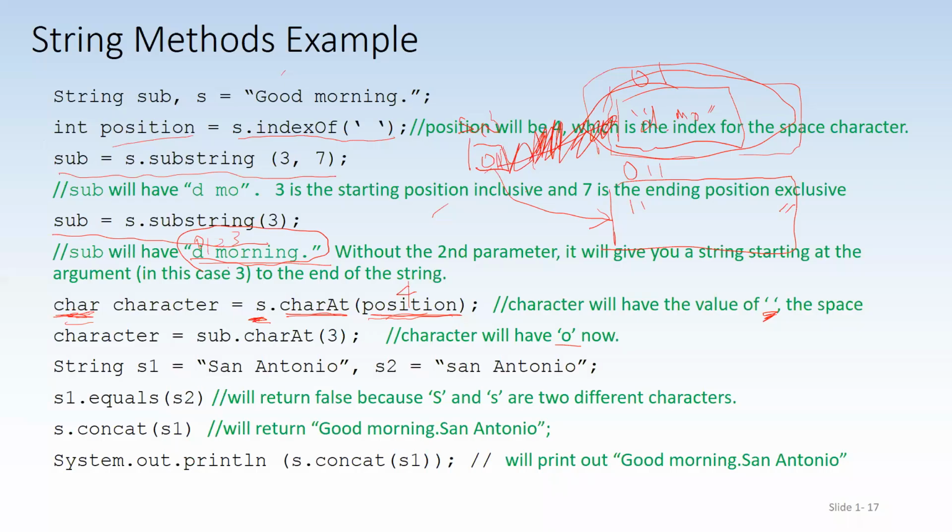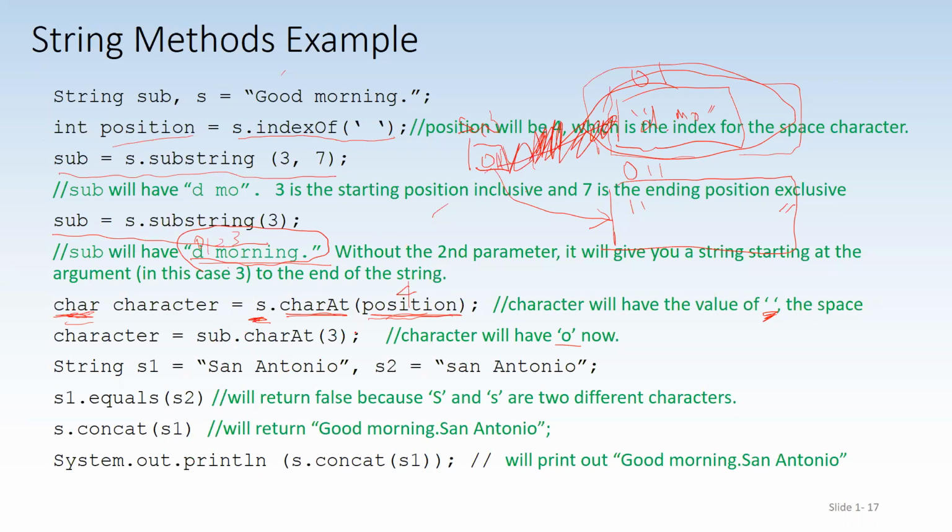Okay, so now, do you have any questions, everybody? I just have one. When you're using the method substring, for example, in the last one you said substring 3, that starts after character 3? No, it starts at index 3. So then why wouldn't it be OD morning?